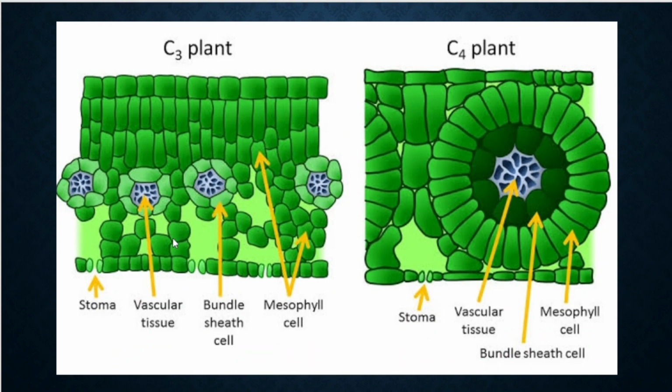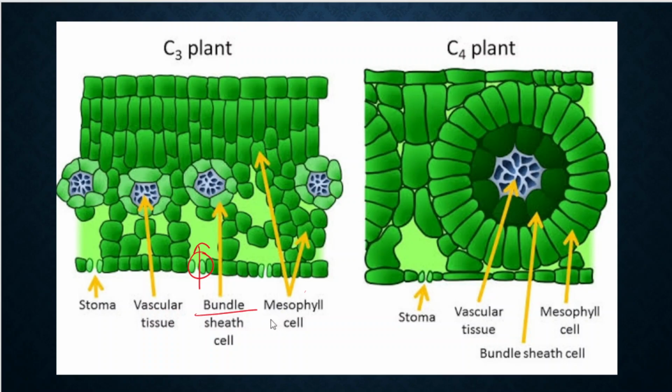When we see the anatomy of C3 plant, there are stomata from which the air enters through the mesophyll cells, which are loosely bound to each other, and there are vascular bundles surrounded with the bundle sheath cells.